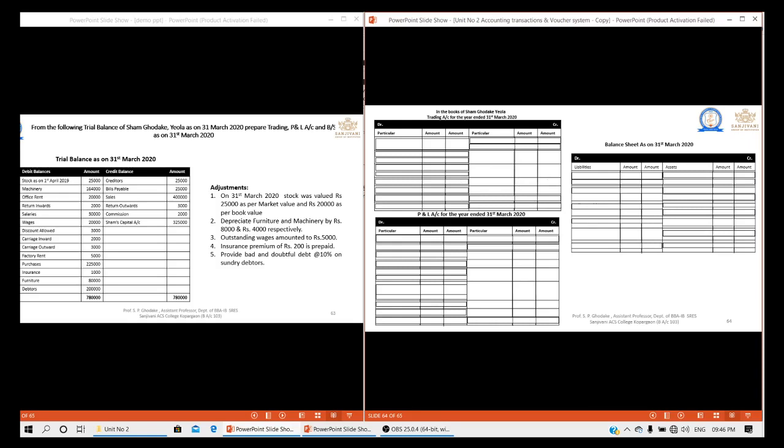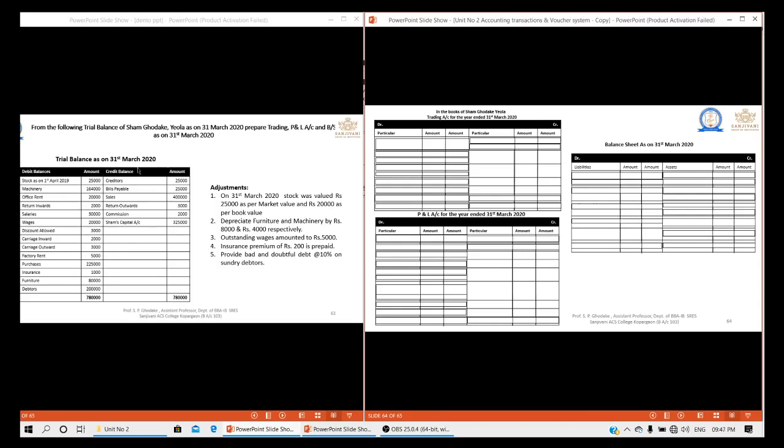Then we draw the pro forma of the profit and loss account for the year ended 31st March, with particulars and amount on debit and credit, and the pro forma of the balance sheet as on 31st March 2020.